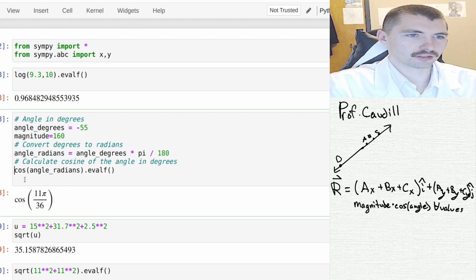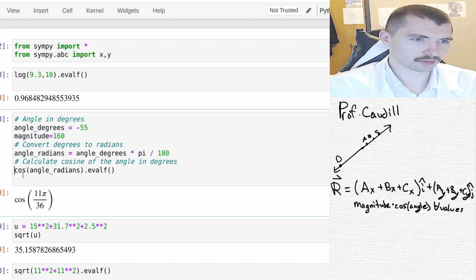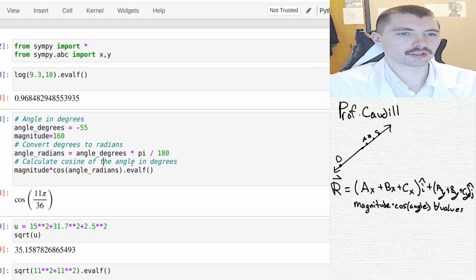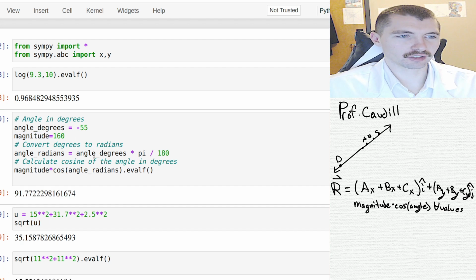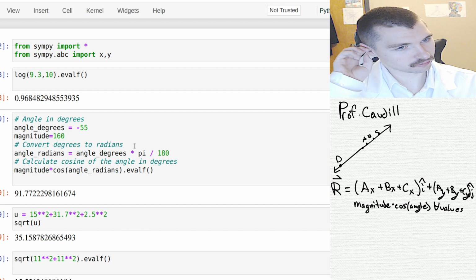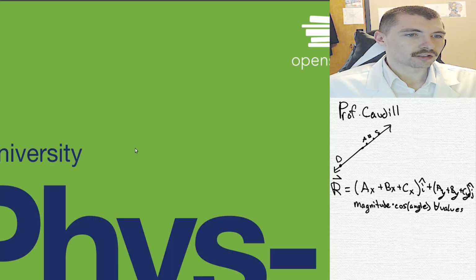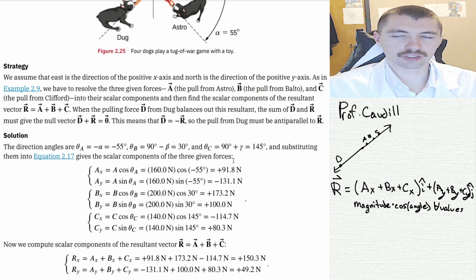And we want our magnitude times this. So now in the future, we should just be able to plug all these in and get 91. Okay. So our calculator is working.